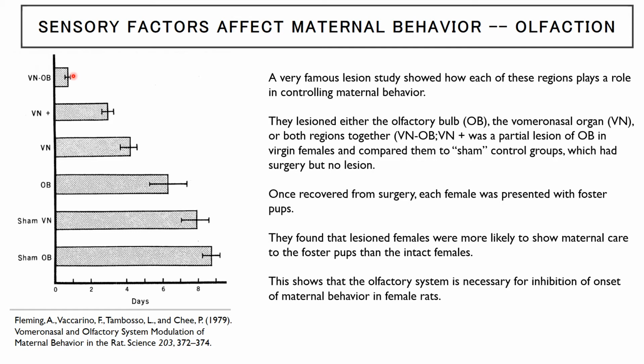Does that make sense? That's the interpretation from this. It's a little counterintuitive that by destroying parts of the brain you're more likely to see a behavior, but it's clear that smell is important in preventing females who have never given birth from taking care of babies that are not theirs.